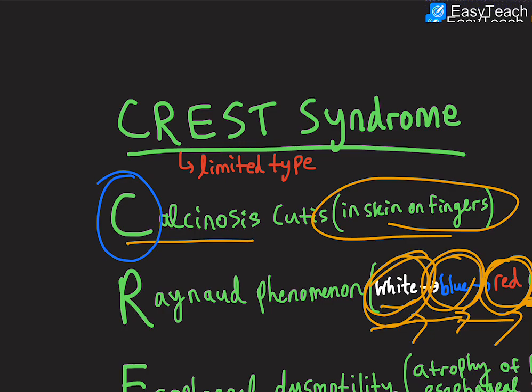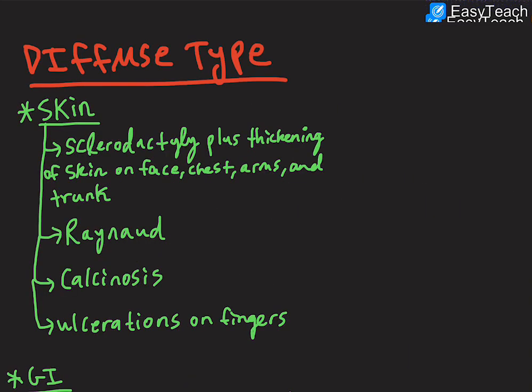So that's a limited type, but then there's also a more severe type called the diffuse type of systemic sclerosis. So systemic sclerosis has a limited type and a diffuse type. Now, the diffuse type involves your skin also, just like we saw in the limited type, but involves more areas, not only your fingers.